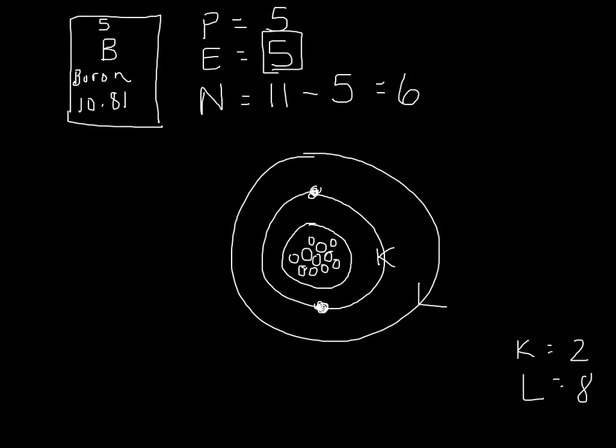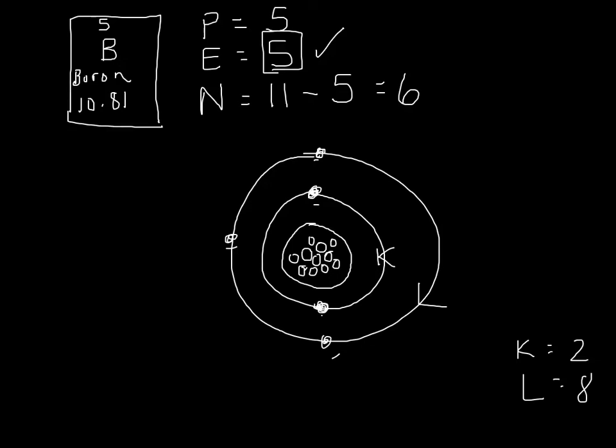So we've already used 2, and we can fit 1, 2, 3 more. So now we have a total of 1, 2, 3, 4, 5, and we've checked off all of our electrons for the element boron.